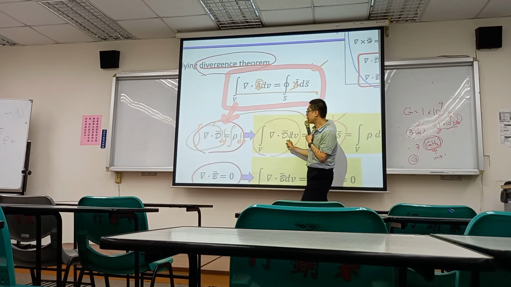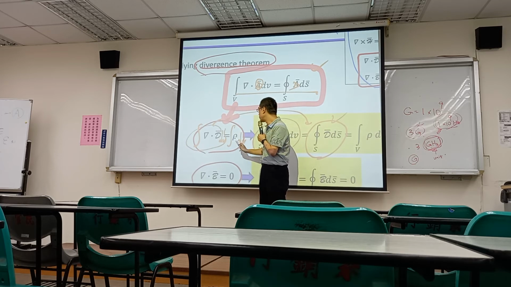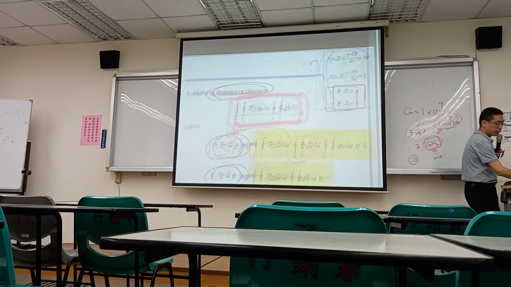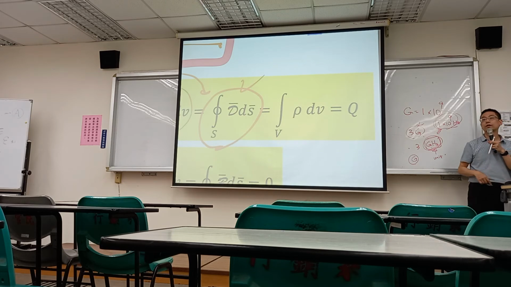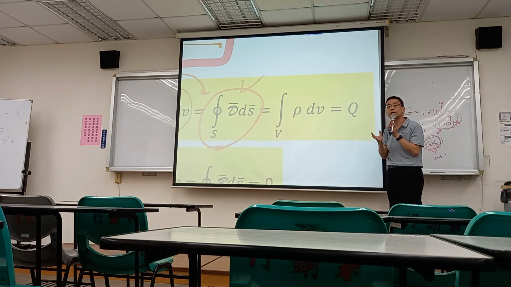Okay. And for this part, do you remember this is the volume density, the charge density. So you integrate according to the volume, it will become Q, the total charge in this area. Are we good?